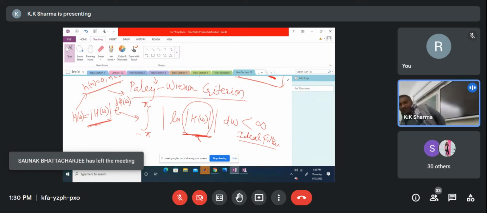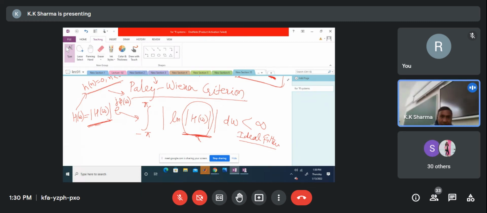But I think you are understanding this much: in ideal filters, if your frequency response is 0 over a finite range, then you cannot realize a filter, because log 0 is infinite. But on the other hand, if your magnitude of H(omega) is 0 only at some discrete set of frequencies, then there is no problem.